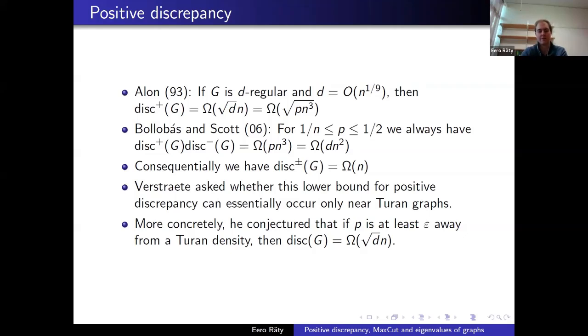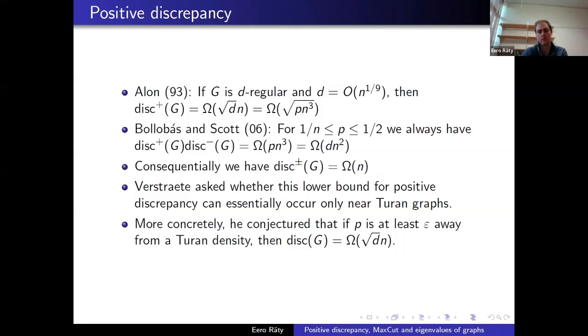So not just saying that one of them has to be large, but saying that if one of them is on the level we expect, so root dn, then the other one also has to be of the same order. Or if one of them is substantially smaller, then the other one has to actually beat this root dn bound. So consequently, both of the discrepancies are at least linear.